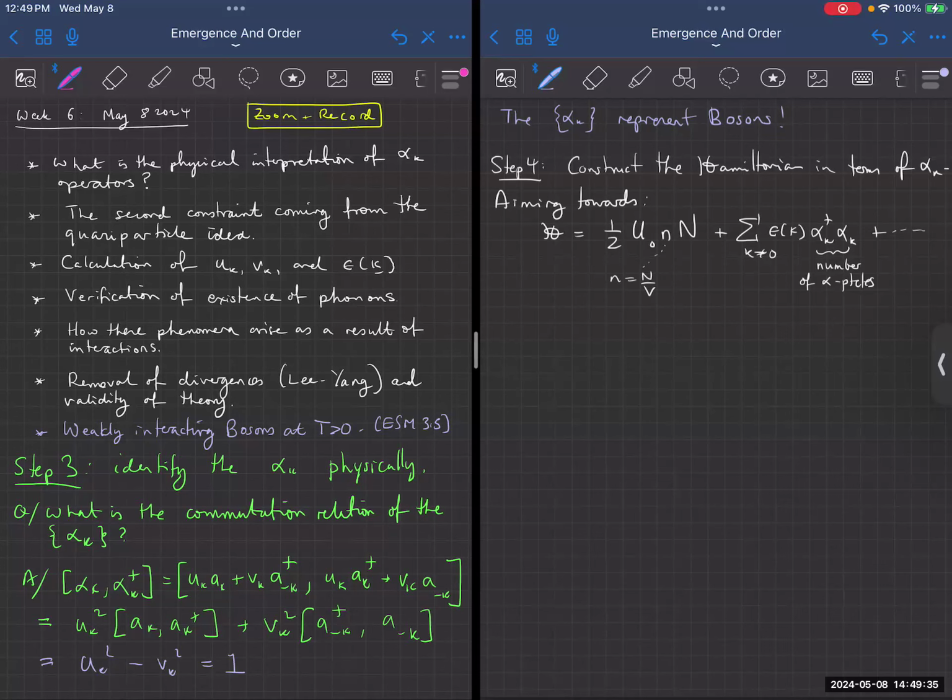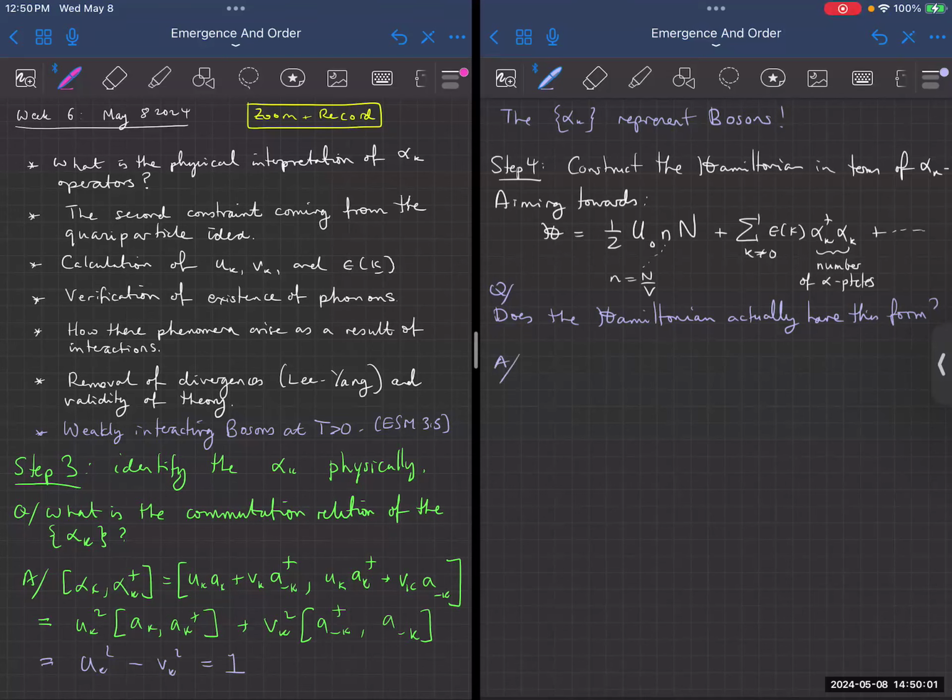So now the question is, does the Hamiltonian actually have this form? So that's the question. How do we answer that?